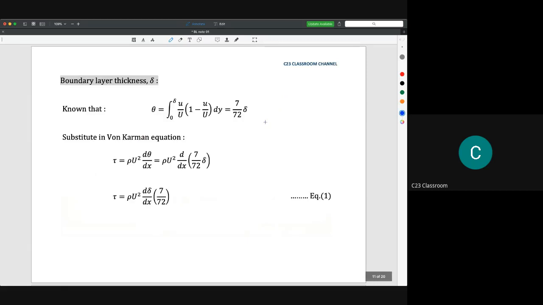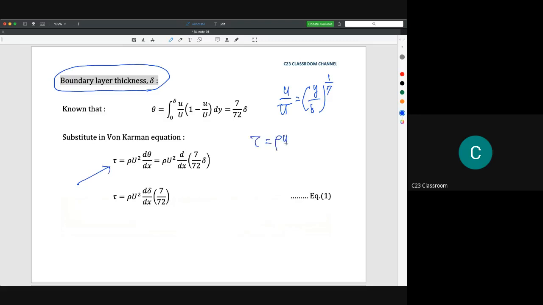Let's say we are calculating the boundary layer thickness delta, and we assume that our u over U here is equal to y over delta to the power of 1 over 7. Then we start with the von Karman equation. So von Karman looks like this: tau equals rho U squared d theta/dx.